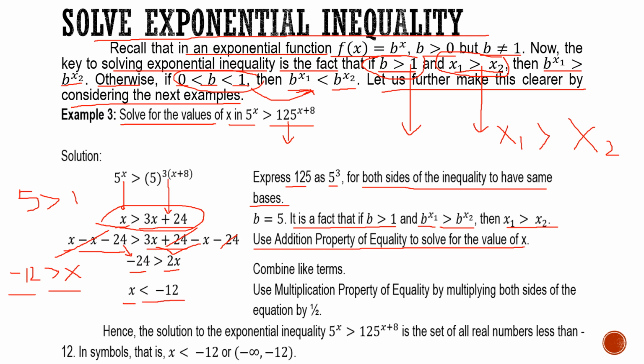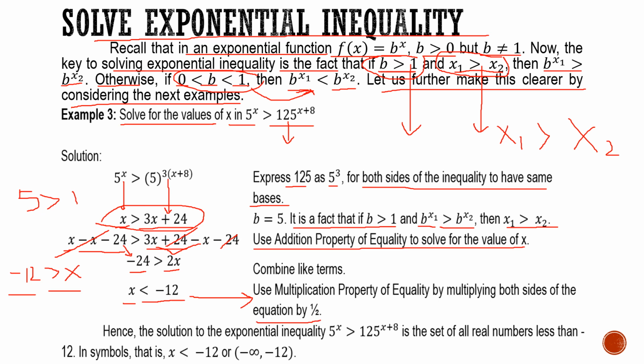Since in our resulting value negative 12 is greater than x, it's automatic that your x is less than negative 12. So we arrive at this resulting value by simply applying the multiplication property of equality by multiplying both sides of the equation by 1/2.